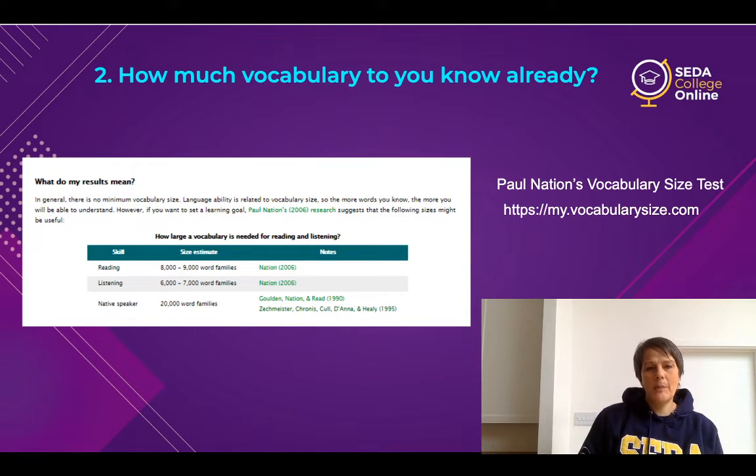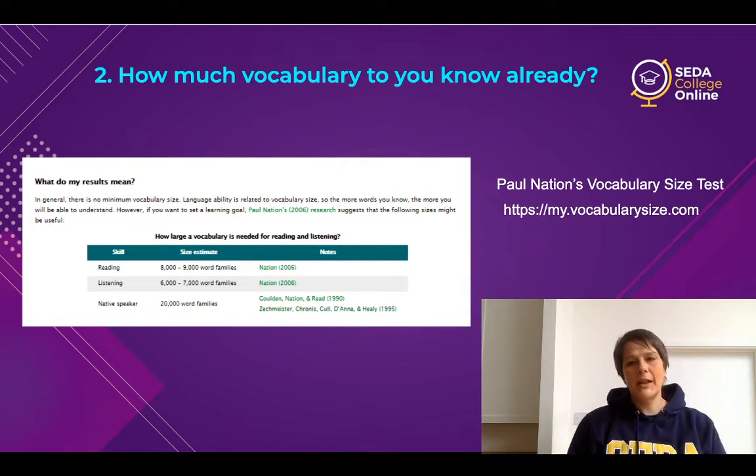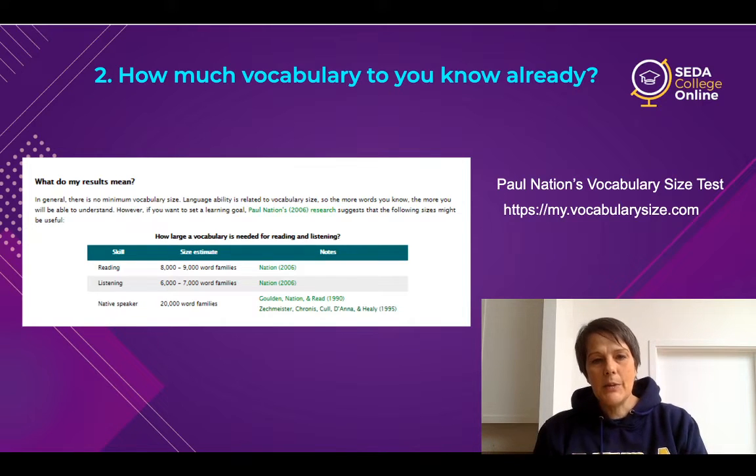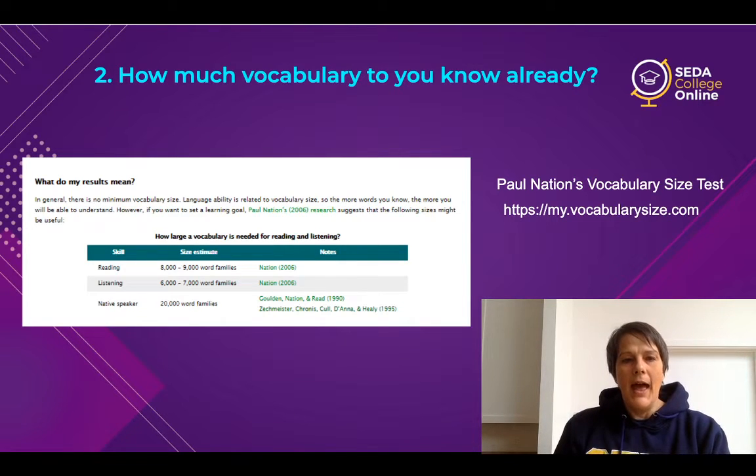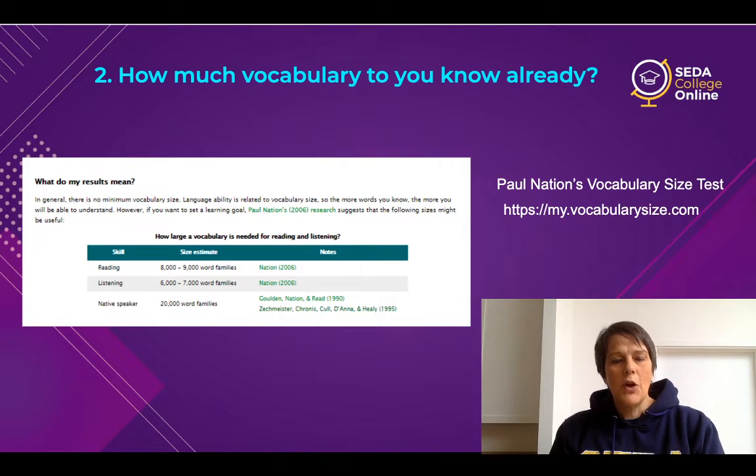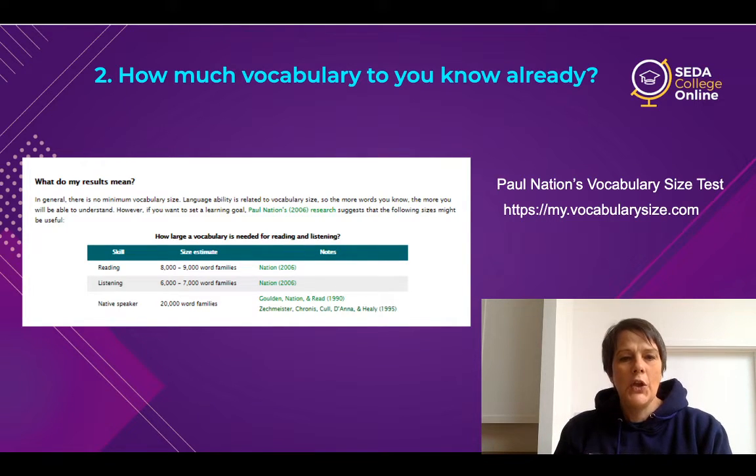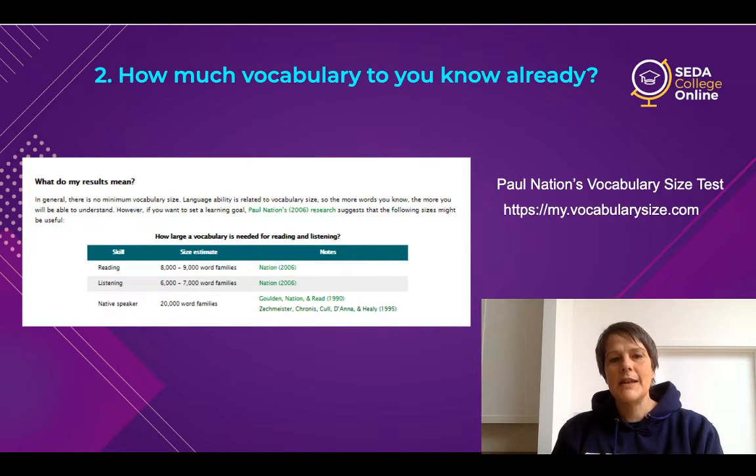So there's another person who's really very influential as an applied linguist called Paul Nation, and he's doing research on word families, and this is what he says: if you want to listen and understand things, you need 6,000 to 7,000 word families.